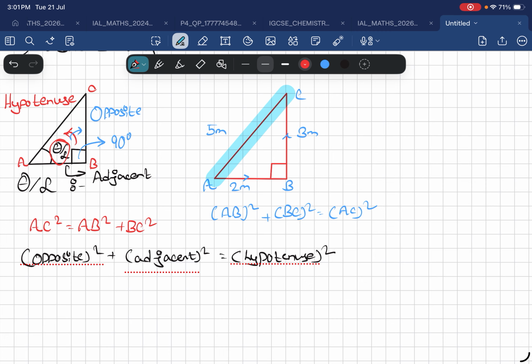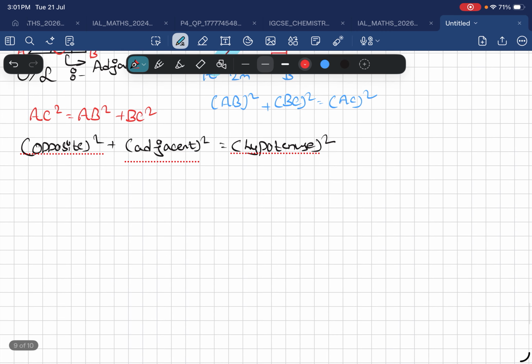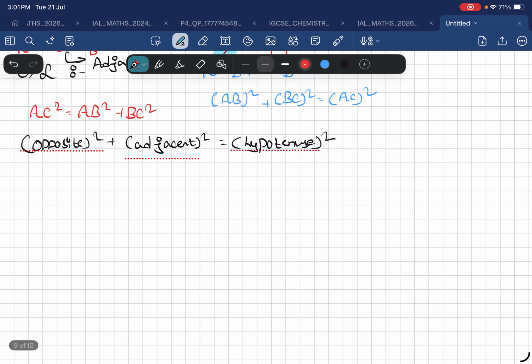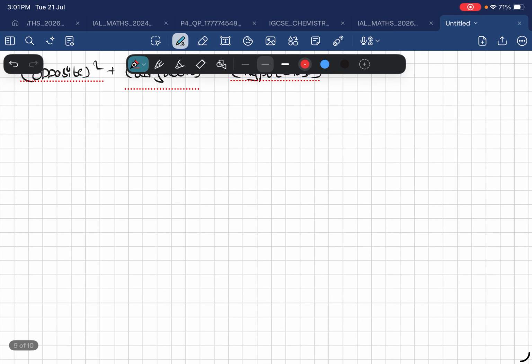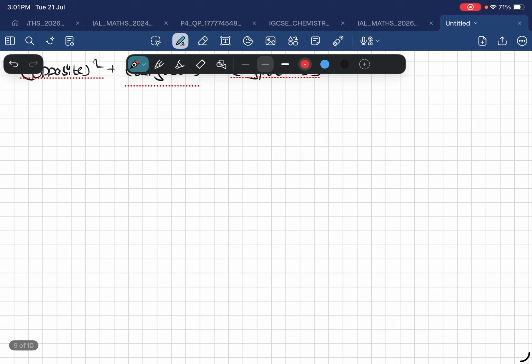So let me introduce the 3 trigonometric functions: sine theta, cos theta, and tan theta.